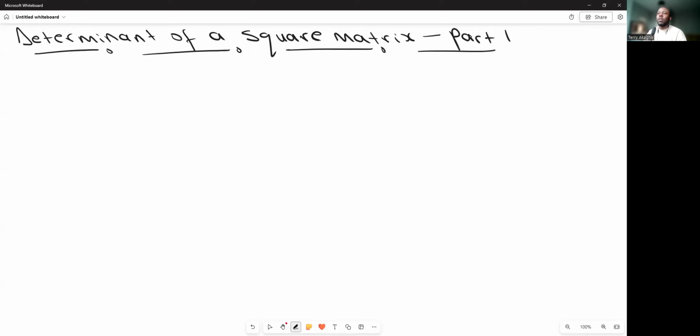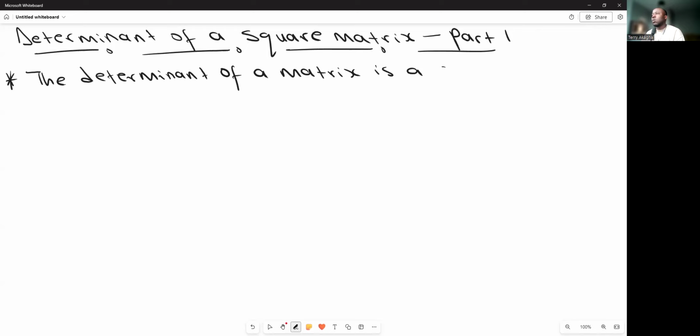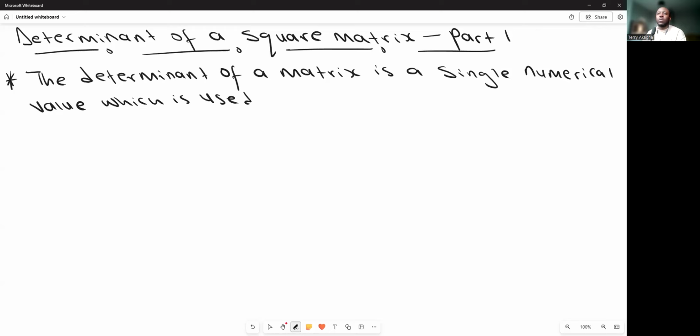Okay, so let's go. The first thing I said was that the determinant of a matrix is a single numerical value which is used when calculating the inverse.